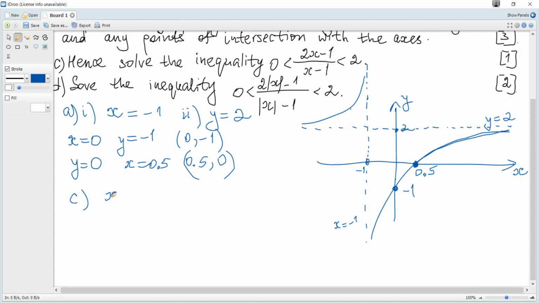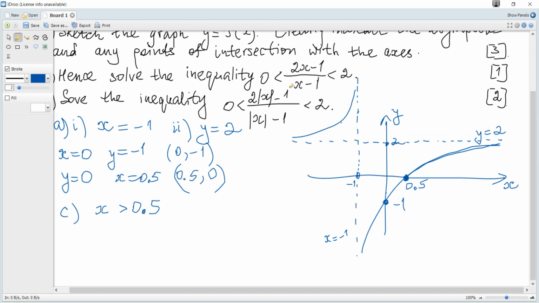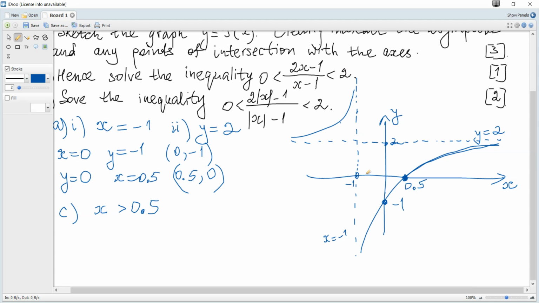So x is greater than 0.5, because here 0 is not included, and also 2 is not included, but we can get y is 2 only at infinity, so it's excluded. So x is greater than 0.5, so it's this part, and we can see that for these values of x, y is greater than 0 and less than 2.